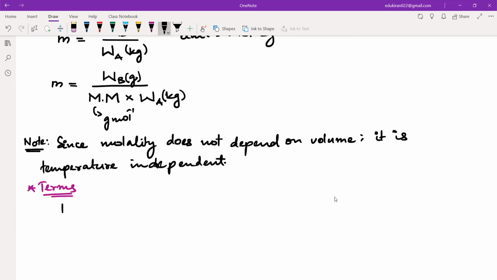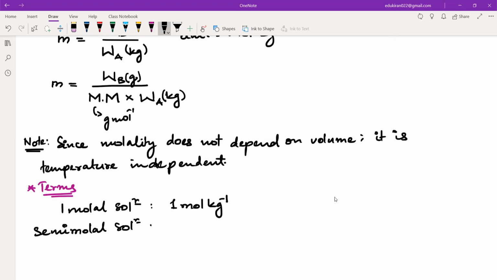I will just write 1 molal. If you have a 1 molal solution, the concentration is 1 mole per kg of solvent. If you have a semi-molal solution, that means small m by 2, which equals 0.5 moles in each kg of solvent. Is this clear? Similarly, you will have deci, centi, and millimolal.